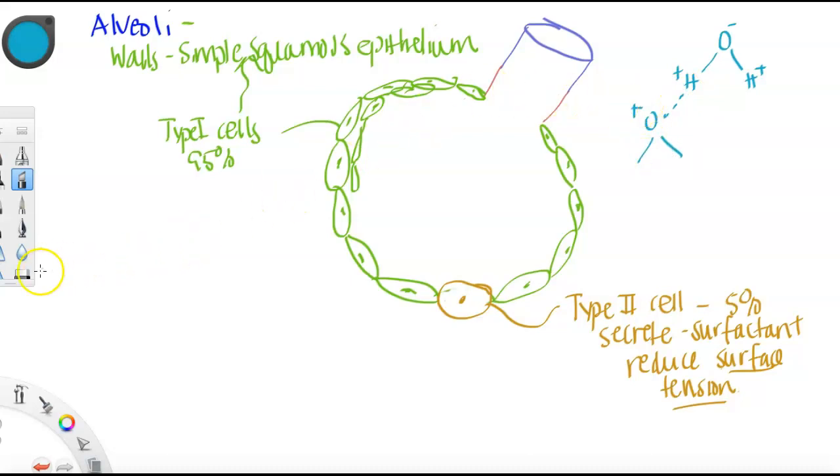Negative, and then here's my hydrogens. Here's another. And here's another. So you get the picture here. So this is how water sticks together.